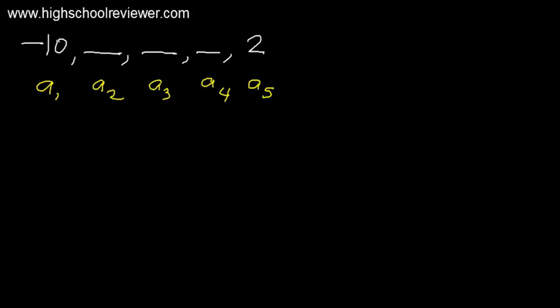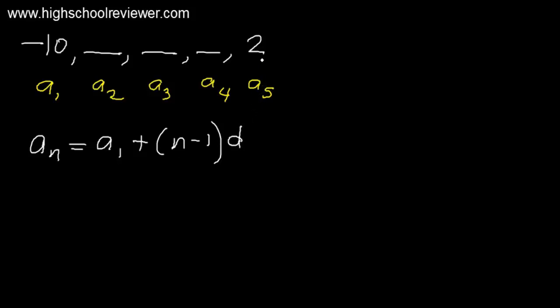So to find the missing terms, first we need to have the value for d. And to find d, we need to use this equation: a sub n is equal to a sub 1 plus n minus 1 multiplied by d. For a sub n, we are going to use a sub 5.